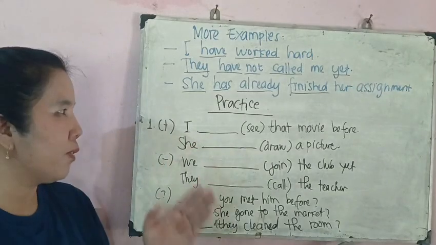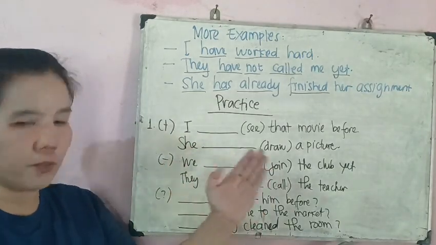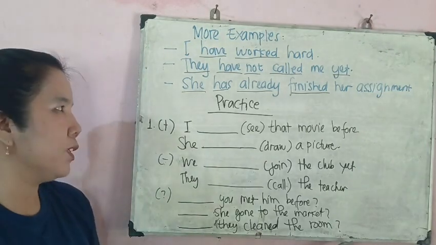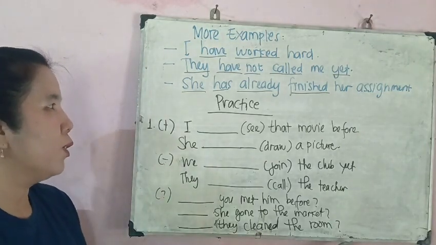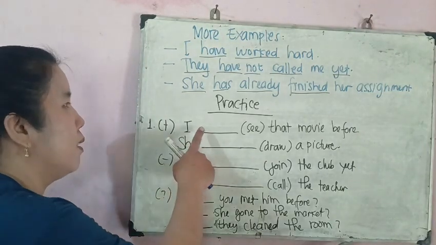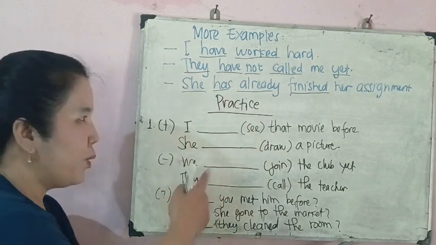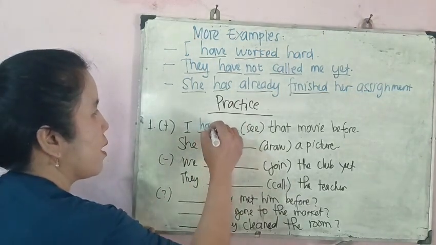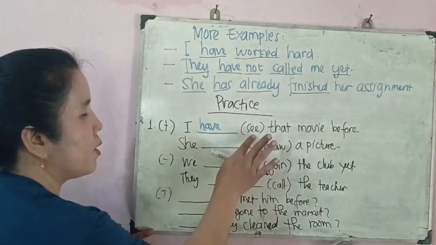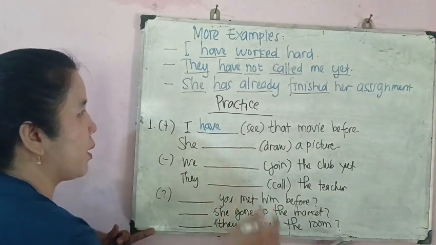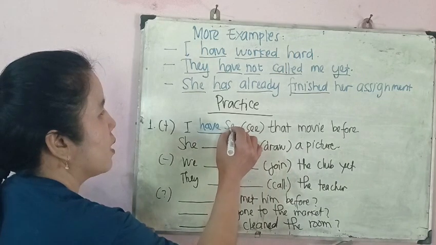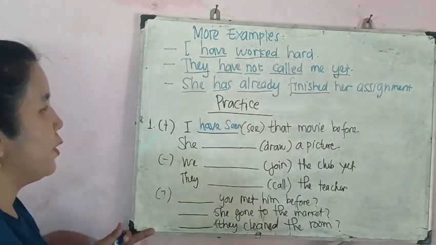Okay, number one, that movie before. What do we put for the sentence here? What sentence pattern do we put here? We use have, and we change see to past participle. I have seen that movie before.